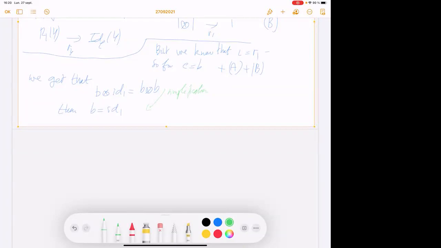So why can we simplify? So we have simplification y.